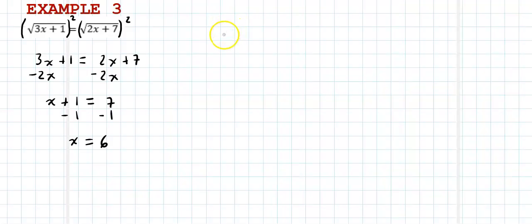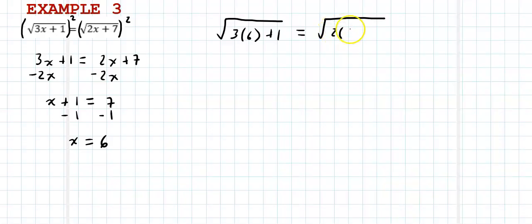To check, we substitute the value of x. So the square root of 3 times 6 plus 1 is equal to the square root of 2 times 6 plus 7.